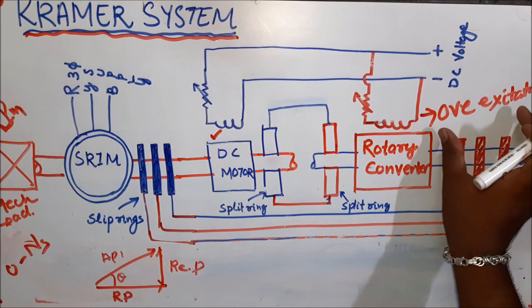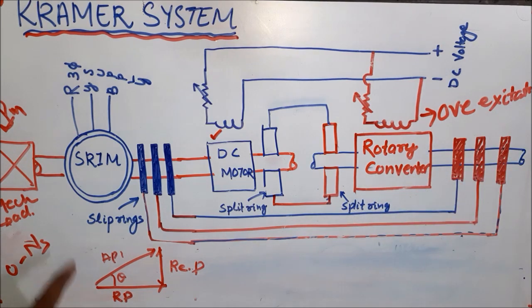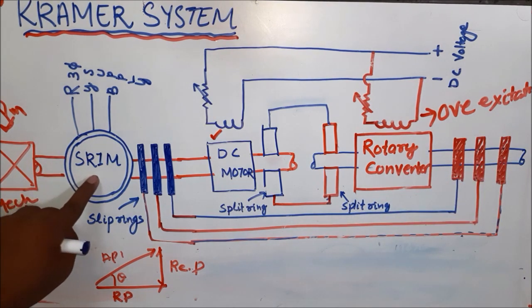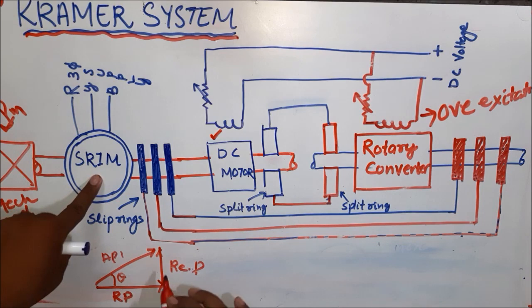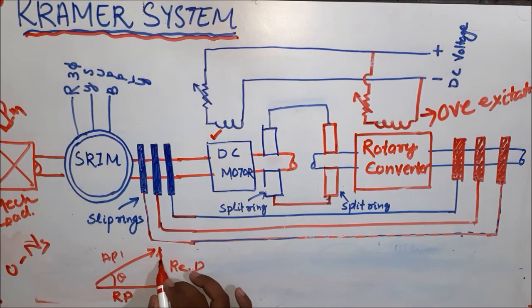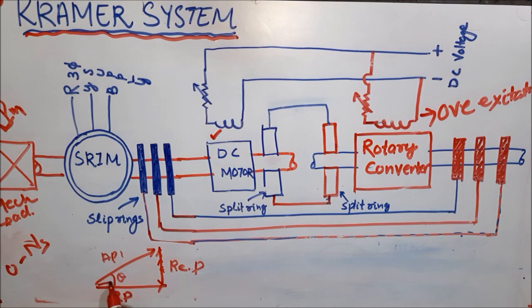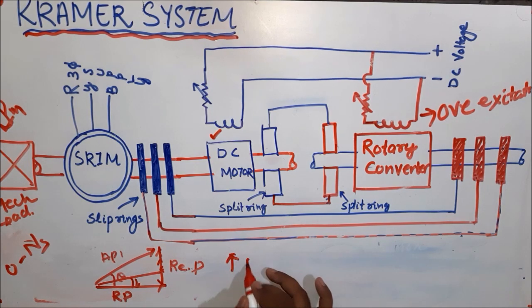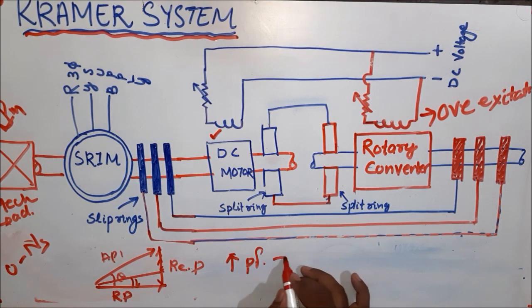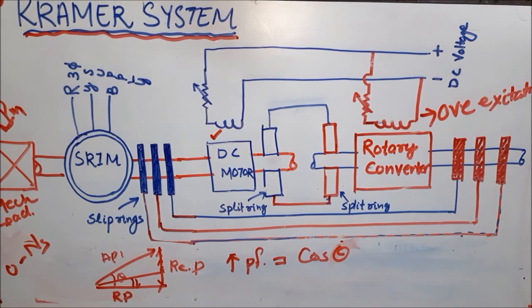When we overexcite the rotary converter, the reactive power taken by the slip ring induction motor reduces. So the angle between apparent power and real power reduces, which increases the power factor, because power factor is equal to cos theta, or cos phi. Theta decreases, my power factor increases. So this system also gets a good power factor.